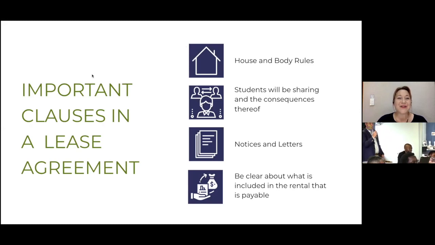Okay, so remember, your claim is valid for 3 years, and that is if you didn't get judgment. If there's an amount due and owing, and the student is a lessee on the lease agreement, you can definitely start the process within 3 years, or proceed to get judgment against them.